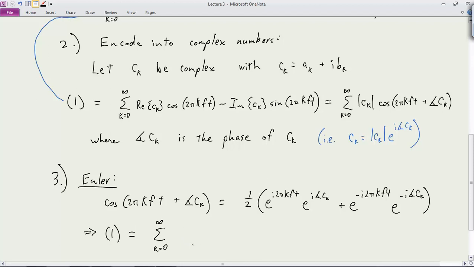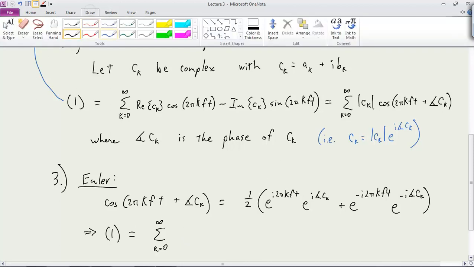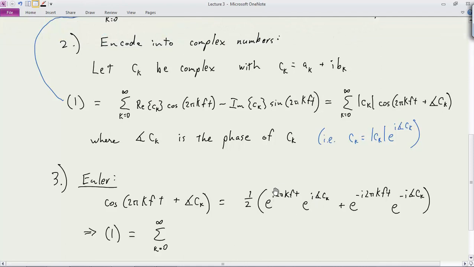So we have a magnitude of C out front, and I'm going to take this first term here and just make a sum out of these first terms. We have the magnitude of C, and we have the phase. So that's going to equal C_k e^(i2πkft). Okay, that's from the first term of this Euler's identity.